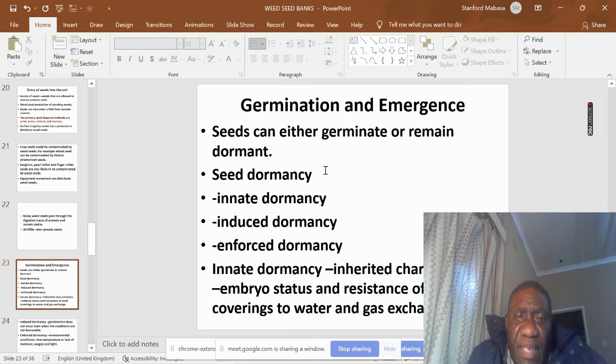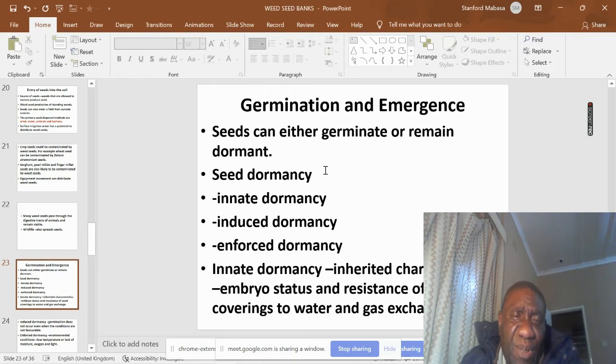Let us look at the germination of weed seeds and emergence. Seeds can either germinate or remain dormant.